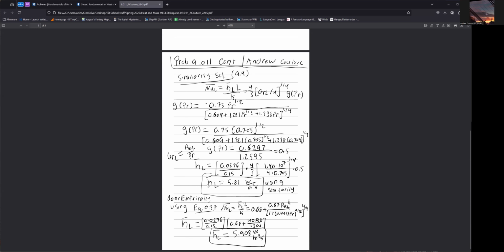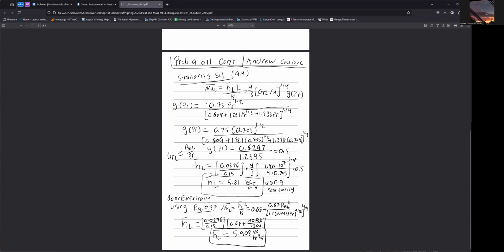Now when you do it empirically, this gives you a much more direct equation, which in this case is: h_L times L over k equals 0.68 plus 0.67 times the Rayleigh number raised to the 1/4, all over (1 plus (0.492 divided by the Prandtl number) raised to the 9 over 16), with that whole denominator raised to the 4 over 9.